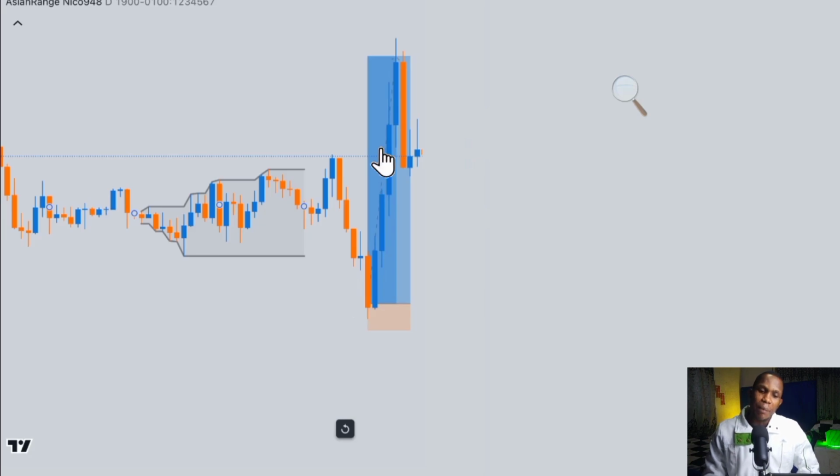So guys, I made mention of the Judas swing. This is the concept behind the Judas swing. During this accumulation, we are expecting a manipulation here. But before this manipulation happens, there's a first manipulation to the upside. This first manipulation, ICT called the ICT Judas swing. Judas actually betrayed Jesus.